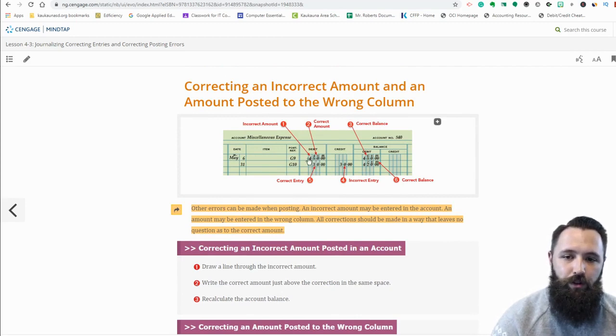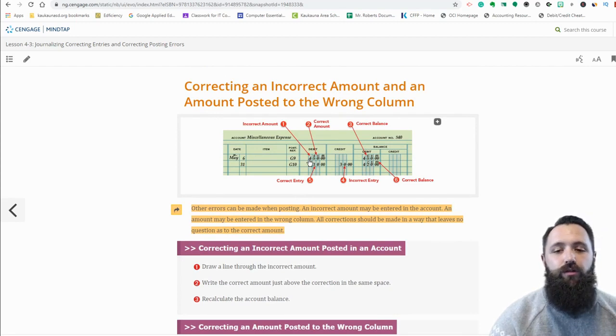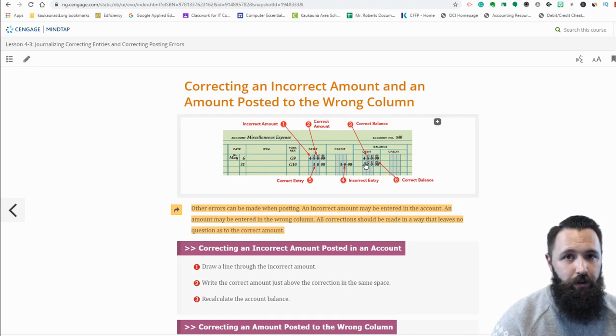So on May 6th, we put in $450 when it's supposed to be $45. All we're going to do is draw a line straight across it, and above it, we write in the correct amount. All right, and then after that, though, this is why it's a little bit different than Chapter 2. We write in the correct balance because we wouldn't have been balancing in Chapter 2, right? So we must follow up and actually correct the balance as well.